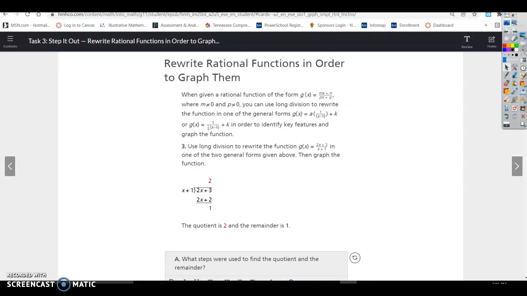Lesson 11.2, Task 3. Rewrite rational functions in order to graph them.